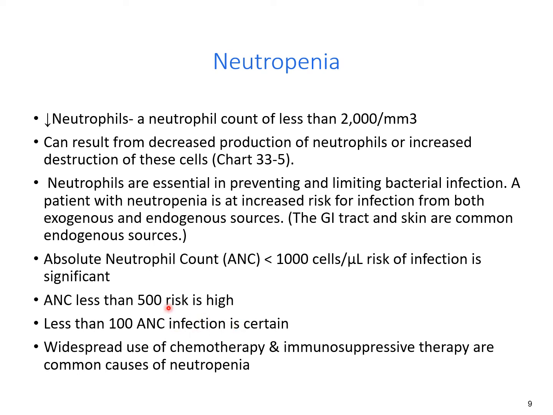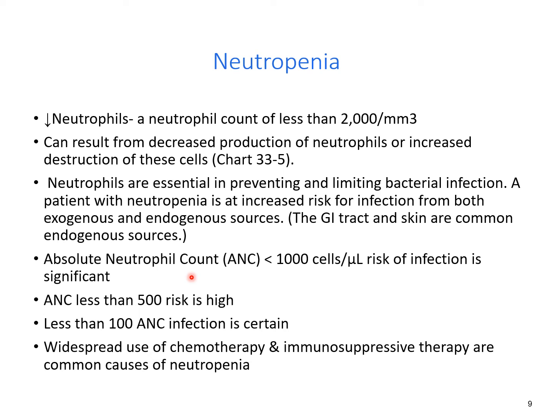If it's less than 500, their risk is very high for an infection. If it's less than 1,000, the risk of infection is significant. So there are different stages. This is just for you to know, especially if you're on a cancer unit, where the patients are maybe neutropenic, or on neutropenic precautions. So this is why all of this becomes a big deal.